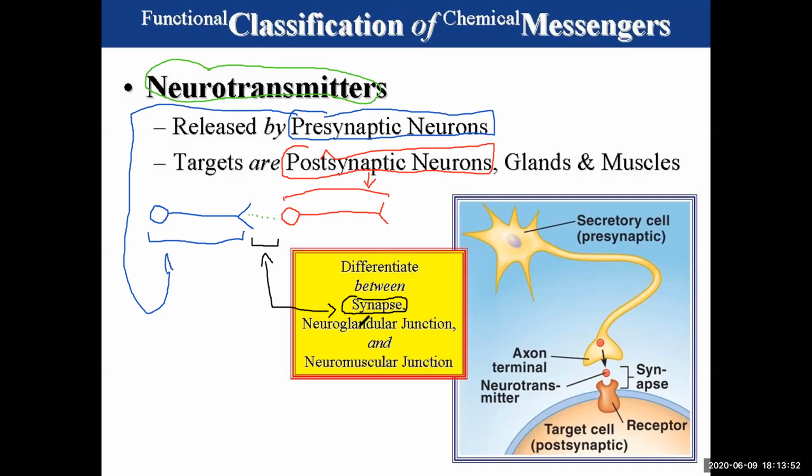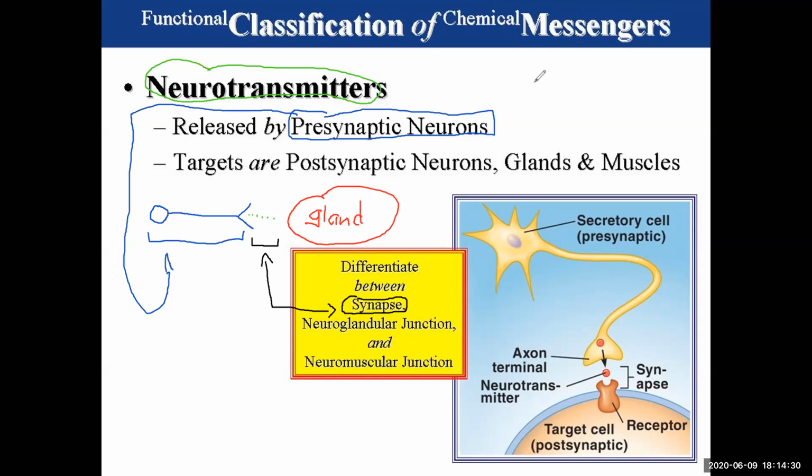What about neuroglandular and neuromuscular junction? So let's say instead of the postsynaptic neuron, you don't have a neuron, right? You have a gland. Like a sweat gland, right? So this is a multicellular sweat gland.